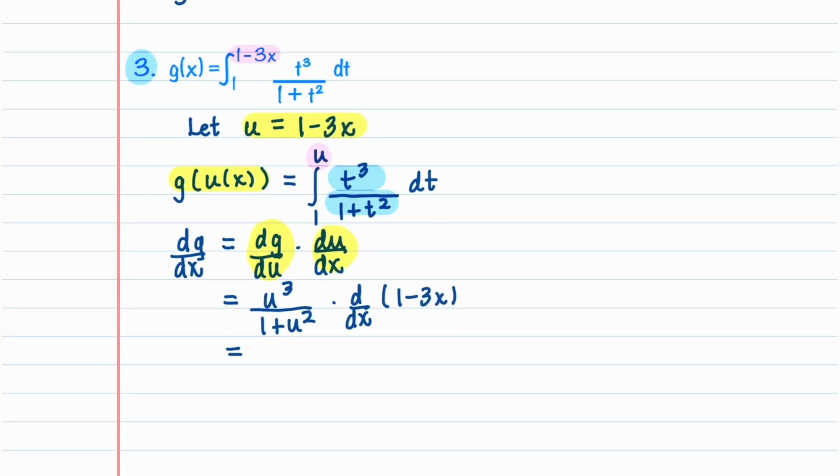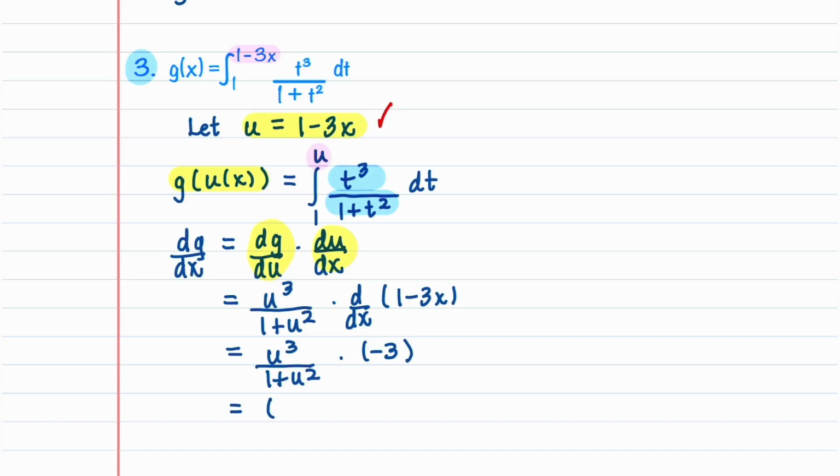This gives us u cubed all over 1 plus u squared times this derivative, which is equal to minus 3. Now, we're not quite done. We need to put our answer back in terms of x. So we're going to use this value of u and plug it into our answer.